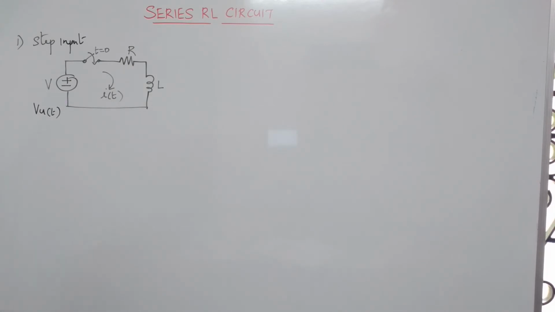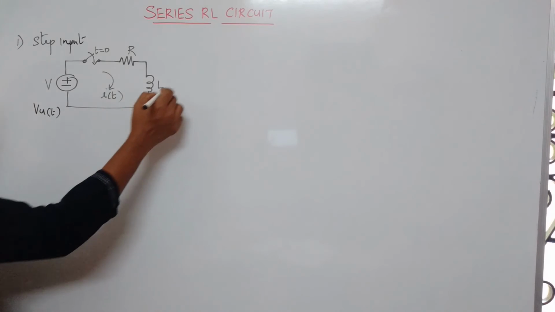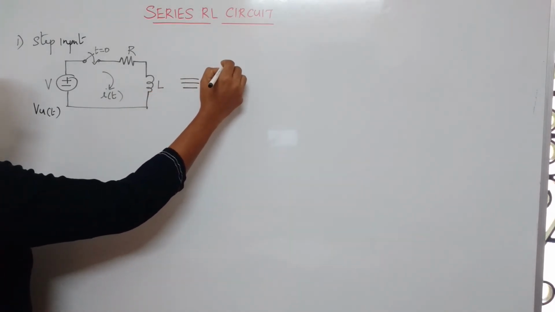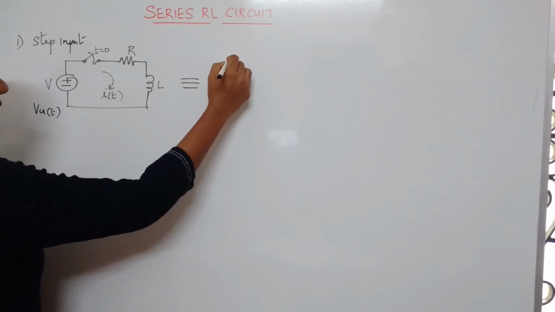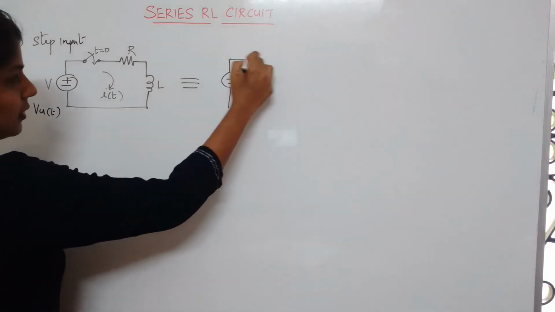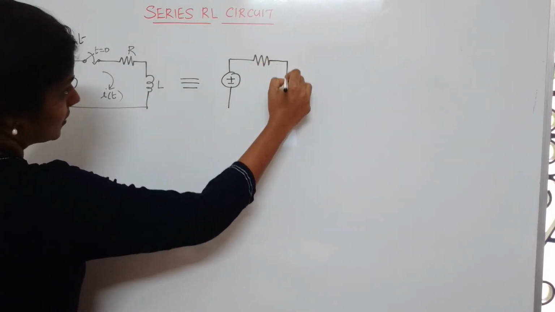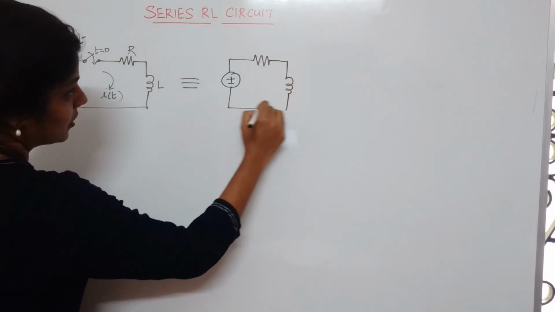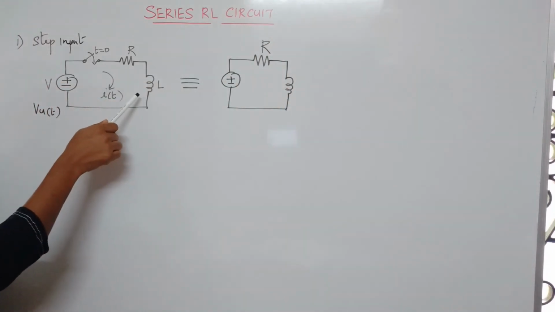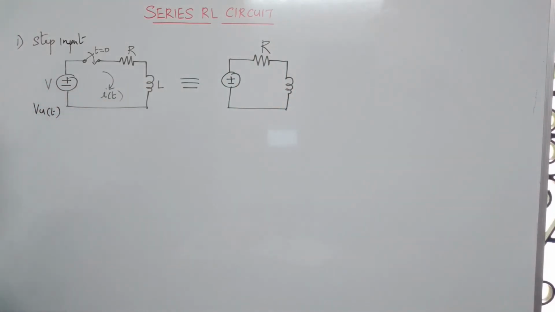Now we will represent this circuit in S domain. So in S domain this is equivalent to, we can remove this switch. R in S domain is R itself. What about L? Here let's assume that the circuit is initially relaxed. That means there are no initial conditions.